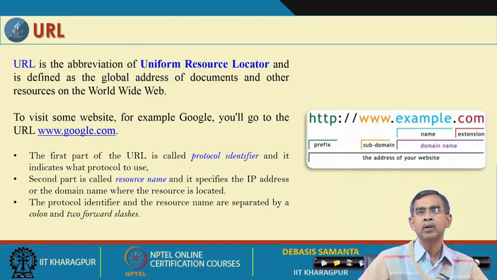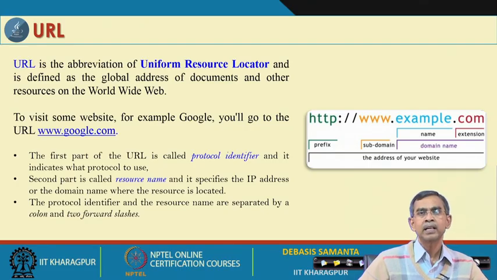For example, www means it is connected to the web, that means the internet, and .example is the name of the server where that particular file or document is located, and .com is the type of organization. It may be .in, meaning India, or .au Australia, or .us USA, .uk United Kingdom.